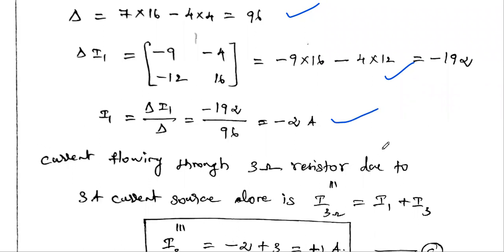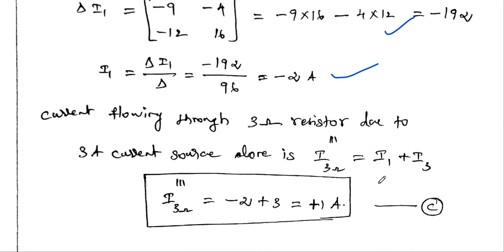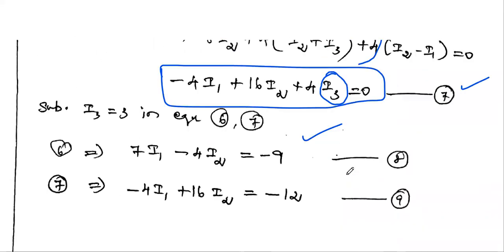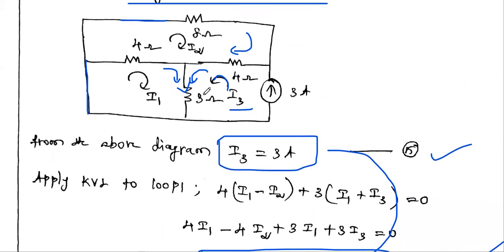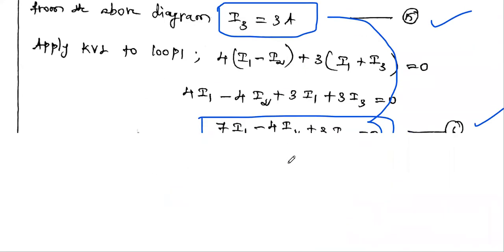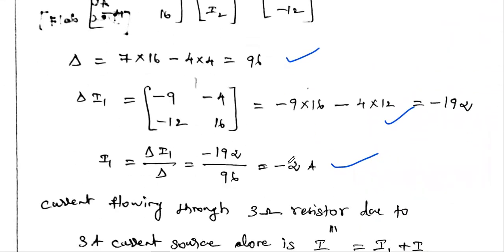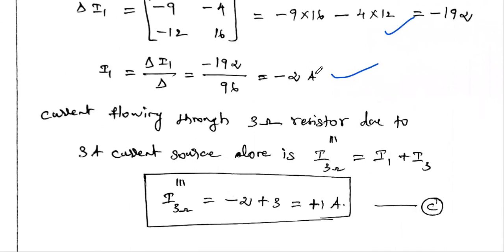So the current flowing through the 3 ohm resistor due to the 3 amp current source is nothing but I1 plus I3. According to this diagram, the current flowing through the 3 ohm resistor is I1 plus I3. I3 is 3 amps and I1 we calculated as minus 2. So minus 2 plus 3, 1 amp.